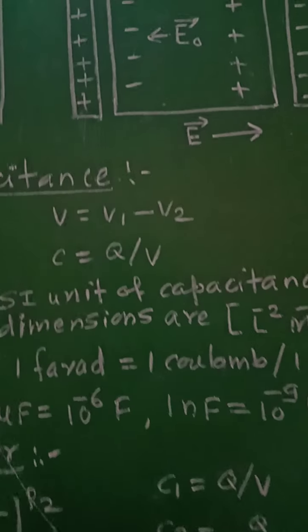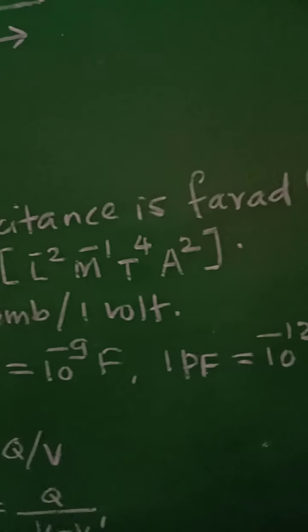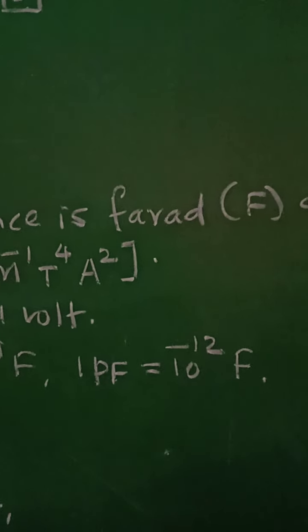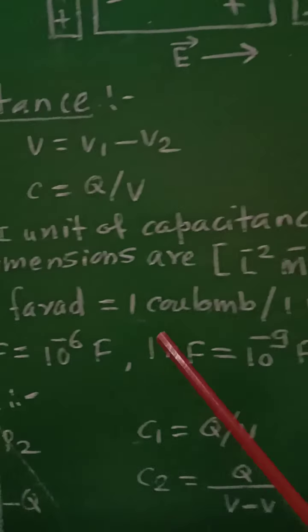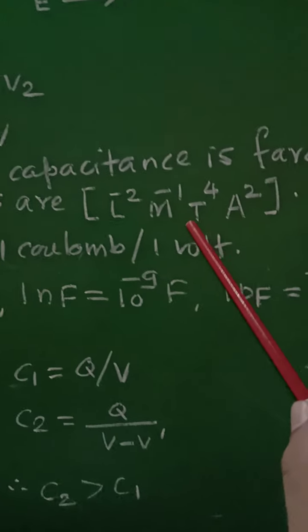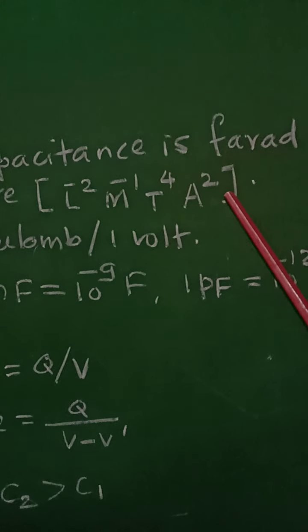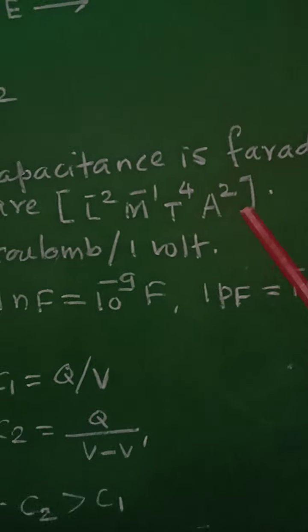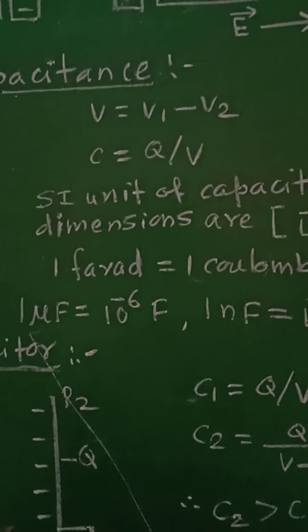Now the SI unit of the capacitance is farad, denoted by F. It is farad F, and the dimensions of the capacitance are -2 in length, -1 in mass, 4 in time and 2 in current, and therefore these are the dimensions of the capacitance.